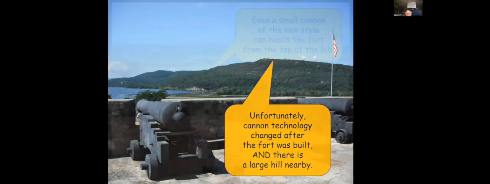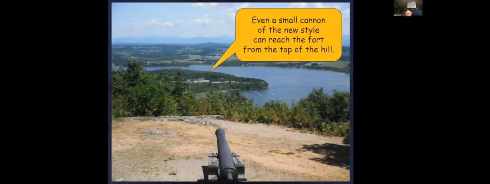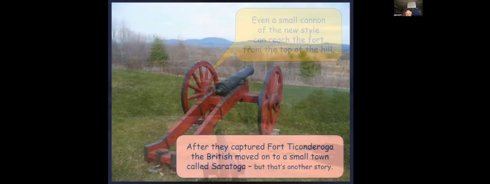And one of the effects of that was that the British were able to put a cannon up on the top of that hill and reach Fort Ticonderoga, and the fort essentially failed because it could no longer defend itself against the new military technology. And that led us into the Battle of Saratoga.